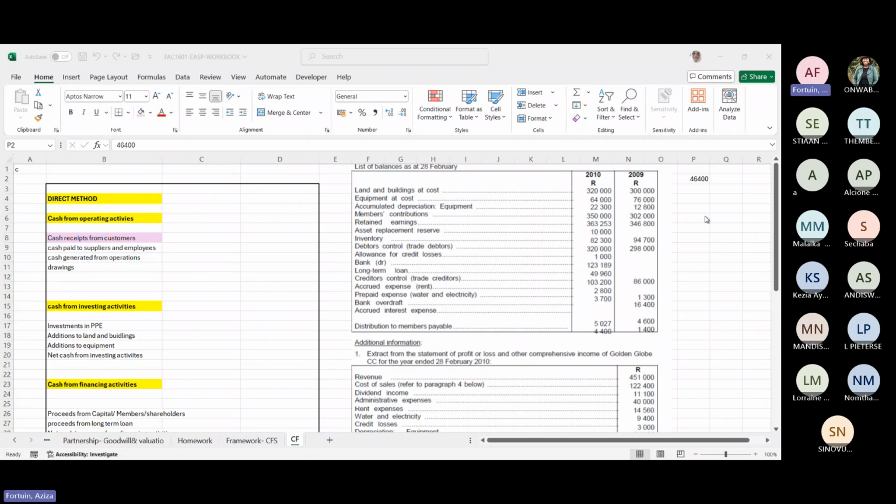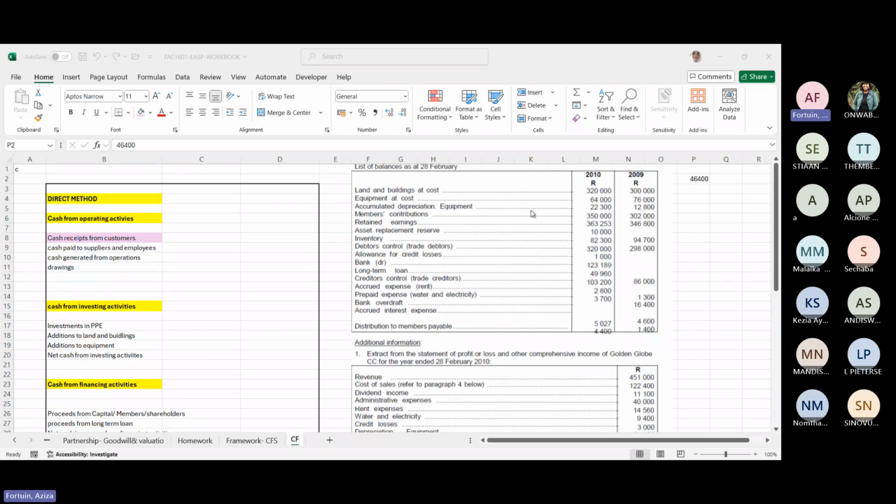Anybody else with a number? Come, I need about 3 or 4 numbers. Stian, what is your number? Engelbrecht? And Tiswa, number? Come, guys, we need numbers.